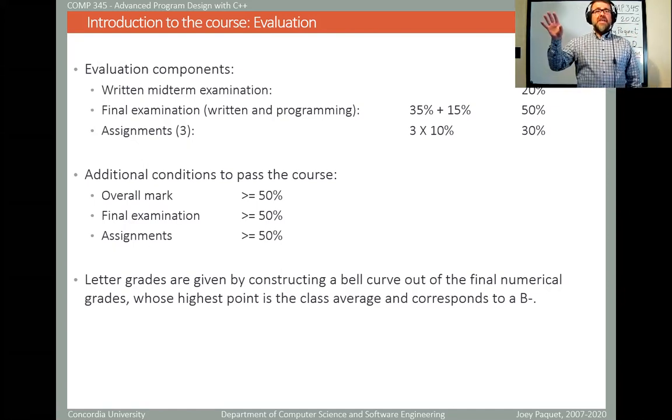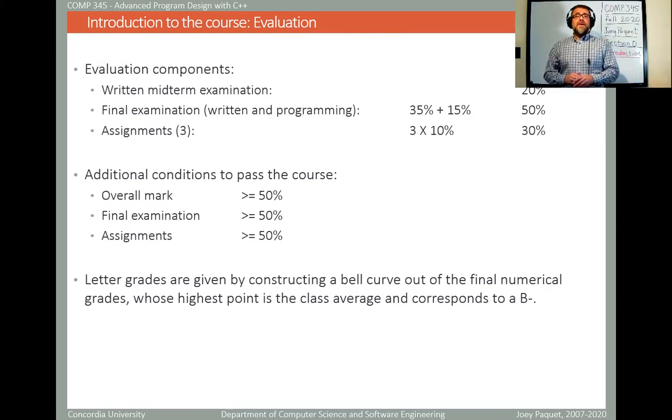The 20 and the 35 are traditional written exams. In this semester, these are going to be online exams, as I'm going to explain later. Then you have 3 assignments, each worth 10%, for a total of 100%.